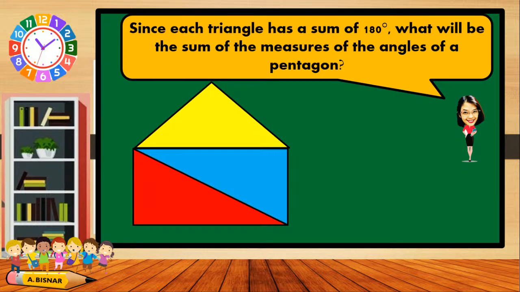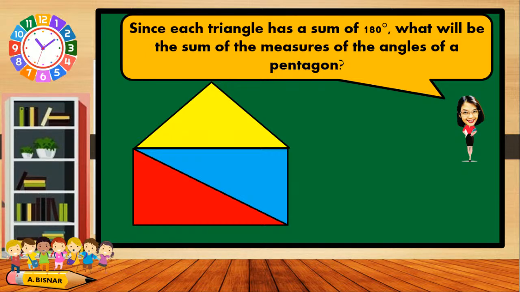So, since each triangle has a sum of 180 degrees, what will be the sum of the measures of the angles of a pentagon? A while ago, with quadrilateral, we've used two triangles. That's why the sum is 360. How about with pentagon?